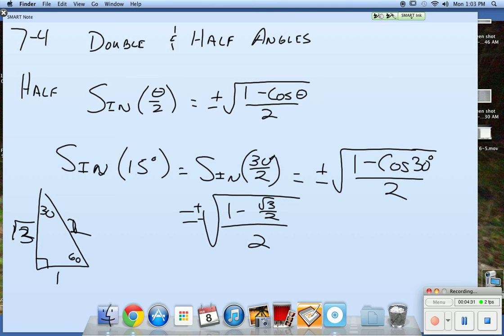Is that good enough? No. If I'm going to reduce this, I'm going to put this 2 over 2 right here instead of 1. This would be 2 minus square root of 3 over 2, divided by 2. I take the bottom one, invert it.